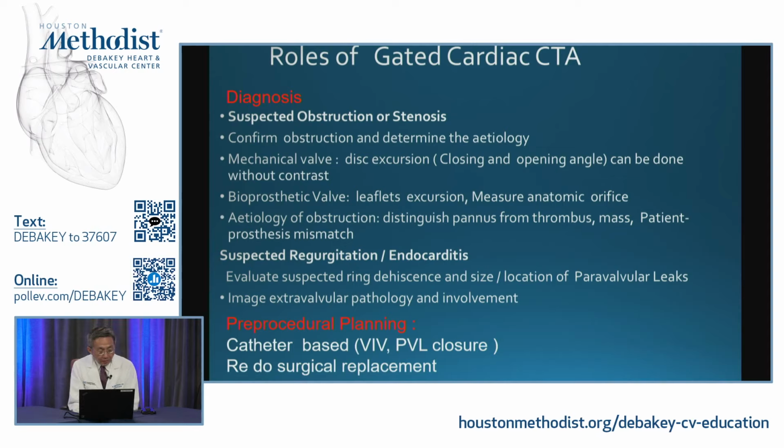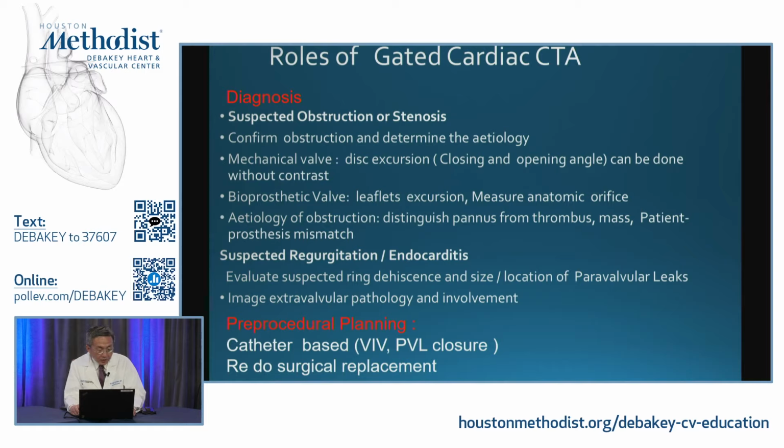Specifically for the aortic valve position, mechanical valve, we can assess the disc excursion, looking at closing and opening angle. For bioprosthetic valve, we can look at leaflet excursion, and we can look at anatomic orifice area. And again, we can distinguish pannus from thrombus, vegetation, and prosthetic valve patient mismatch.